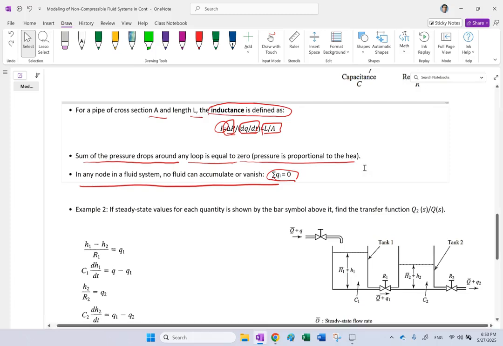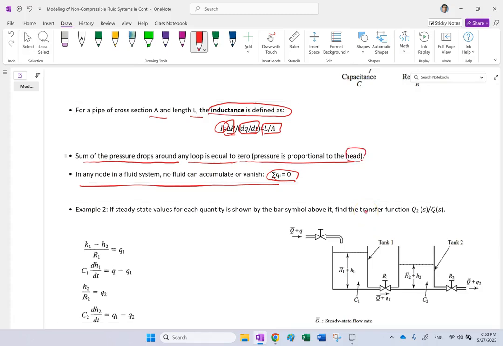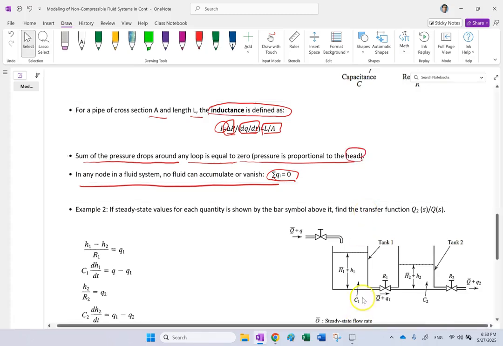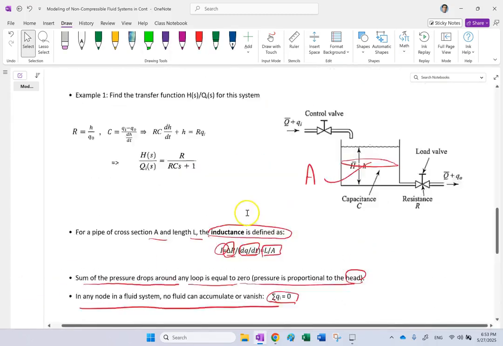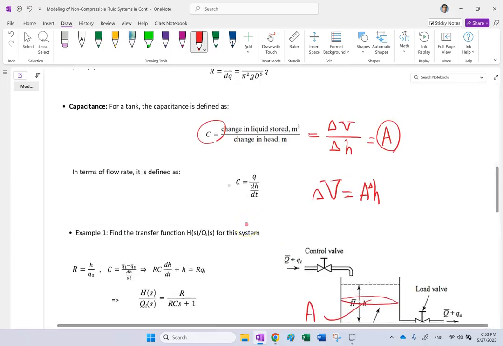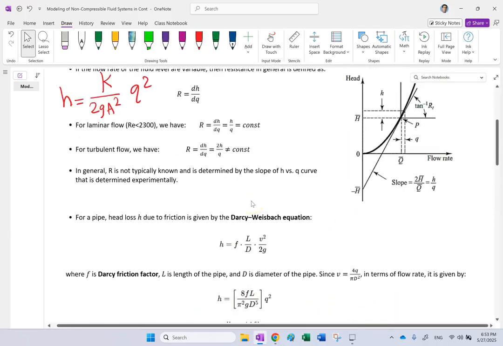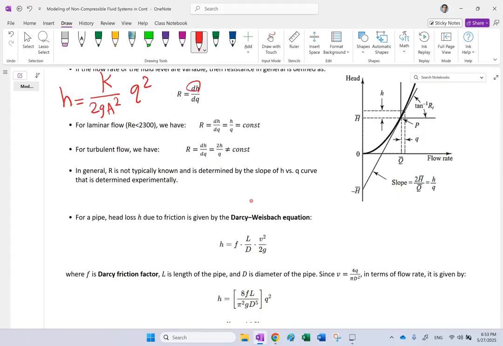Now, let me explain this. You might say, so far you all the time talked about head when you talked about the resistance or capacitance. If you go back, you were talking about head here and head here. How come instead of head, all of a sudden you talk about the pressure? The thing is, the pressure in the fluid is proportional to the head.